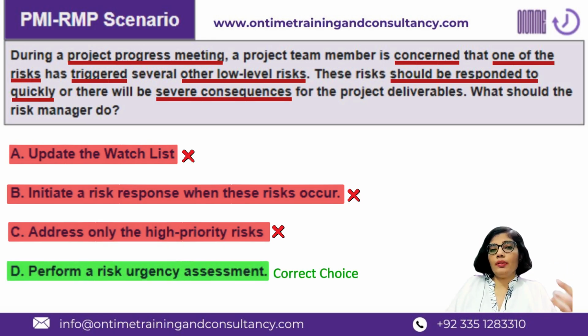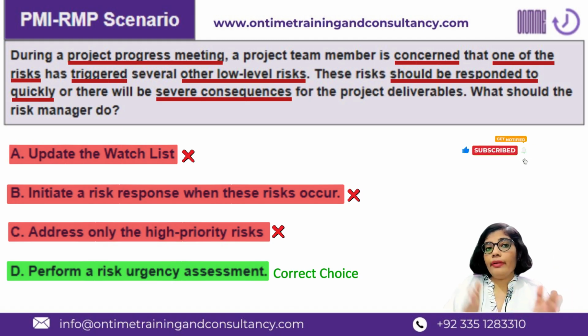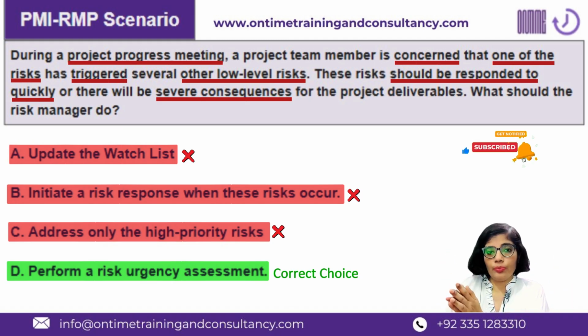Now, what is urgency? What is the urgency attribute in risk management? Urgency talks about what is the timeline you have between when you get to know about a risk trigger and when you apply the risk action.